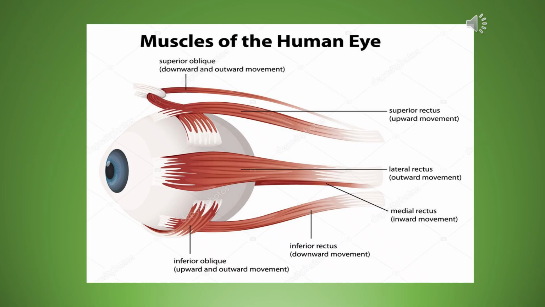All of these muscles are innervated by cranial nerve number 3, the oculomotor, except the superior oblique, which is innervated by cranial nerve number 4, the trochlear nerve, and the lateral rectus, which is innervated by cranial nerve number 6, the abducens nerve. Remember, to abduct means to move toward the side, so that's why the nerve is called abducens. The lateral rectus moves the eyeball toward the sides.